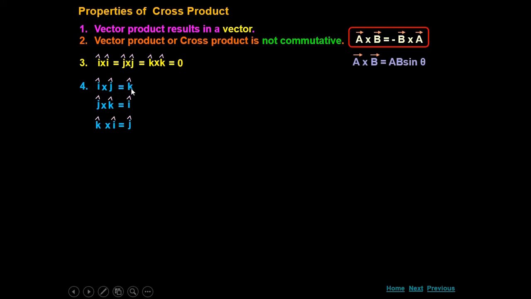So there is another axis, the z axis. Along the z axis the unit vector is k cap. That is the reason i cap cross j cap is equal to k cap.